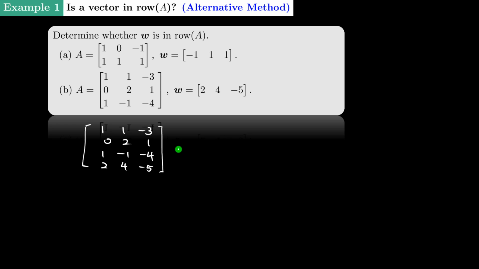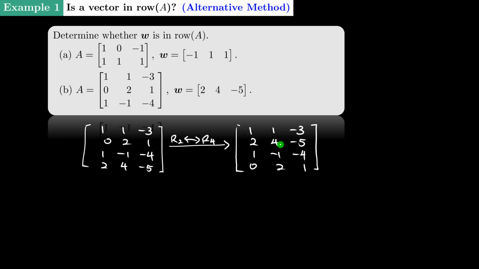Now let's say we perform a row swap where we swap row 2 with row 4. So we end up with 1, 1, minus 3, 2, 4, minus 5, 1, minus 1, minus 4, and finally 0, 2, 1.